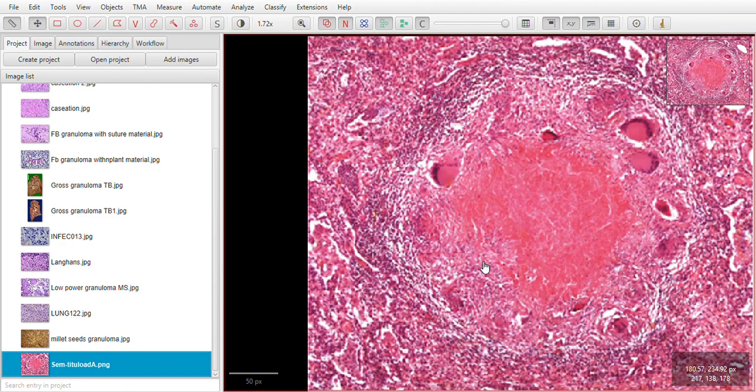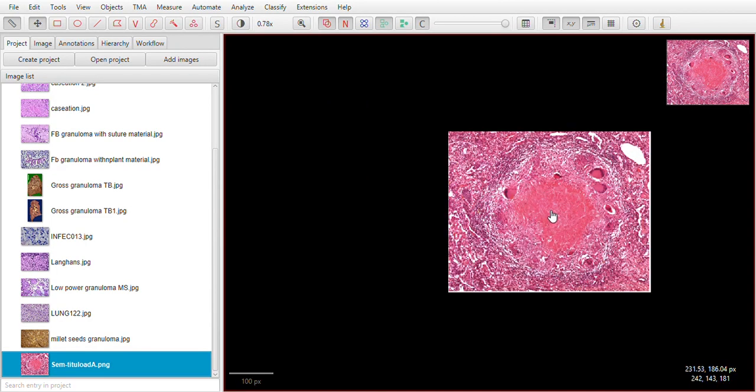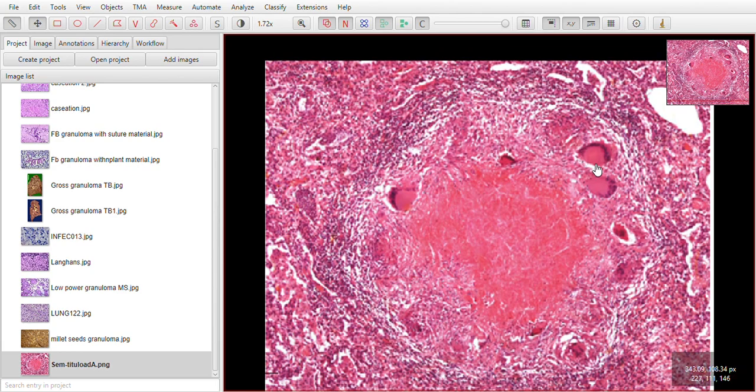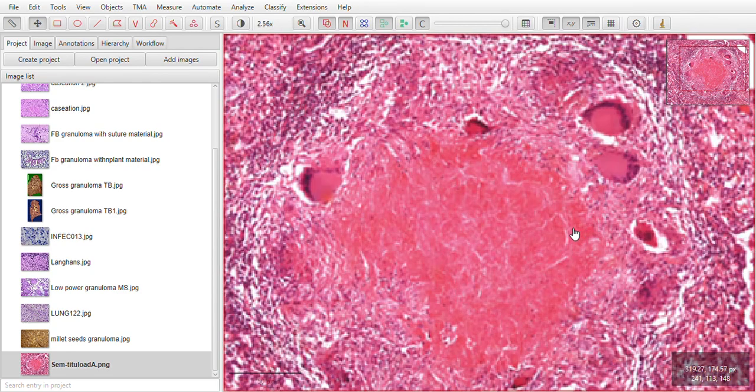In the center, if it is caused by Mycobacterium tuberculosis, you can see a central necrotic area, which we call caseation necrosis, and this pinkish area is slightly deeper pink than the surrounding areas. Also, you see maybe seven, eight giant cells over here.